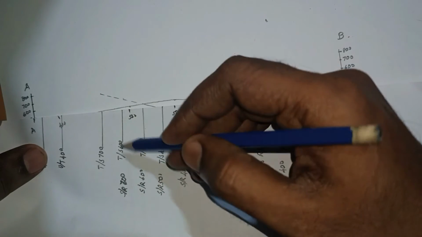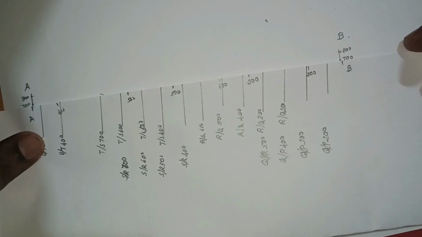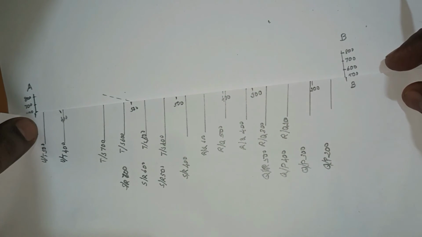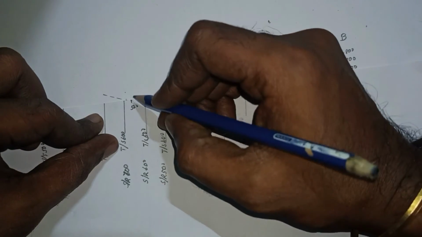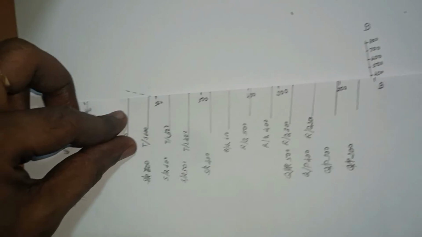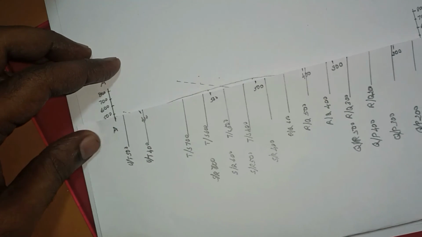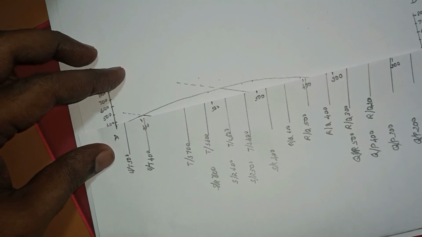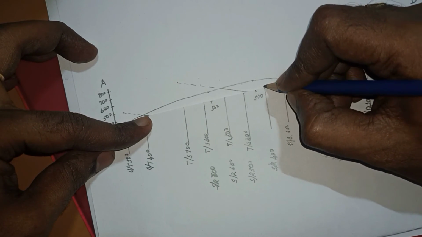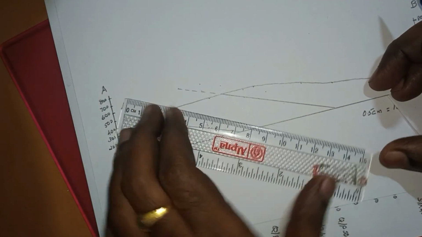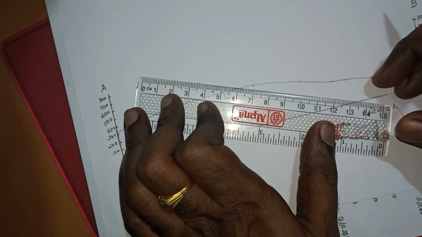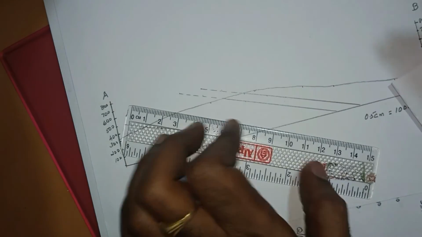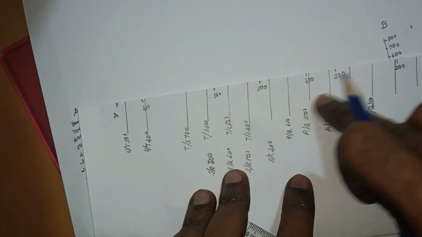Next point, this one corresponds to 700. 600, 500, this is 400.